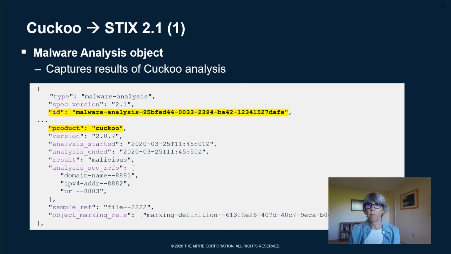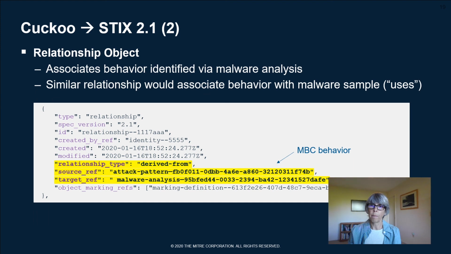And then the MBC-related part to that is the STIX relationship object. In this example, you can see that the relationship type is derived from, with the source, the attack pattern, which corresponds to the behavior, and the target is the malware analysis object, which corresponds to the Cuckoo analysis.